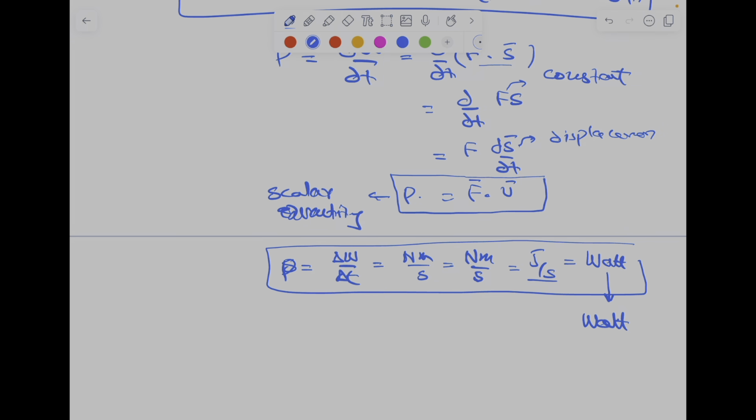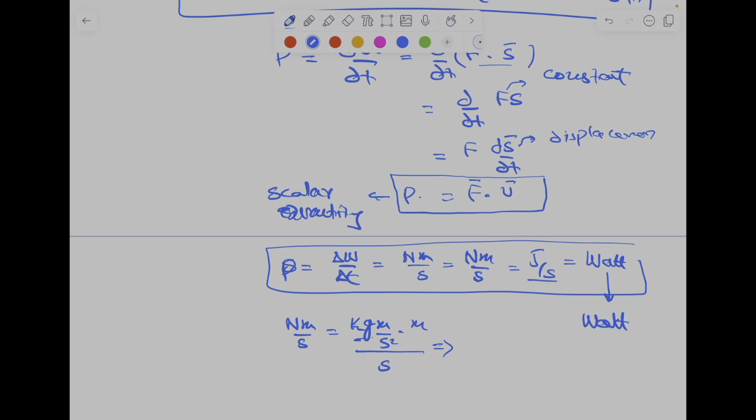And you can write Newton meter per second is equal to kilogram meter per second squared into meter divided by second, because Newton is the unit of force and force is mass times acceleration.